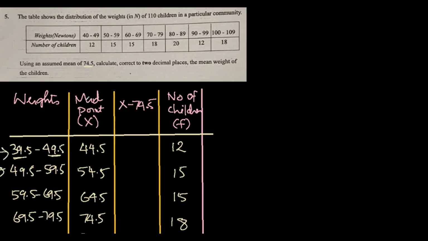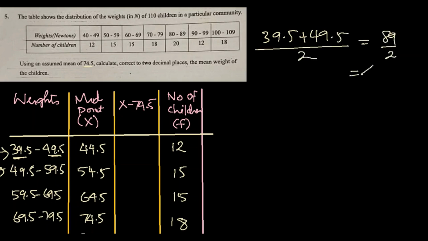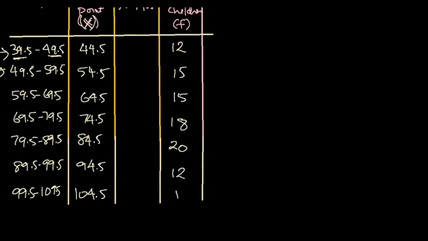And then I found the midpoint of the two by adding the two and dividing by 2. So if I add 39.5 and 49.5 divided by 2, it will be 89 divided by 2, which is 44.5, and that's how we find the midpoint. I call it X. Okay, so it is there for all the classes we have done.